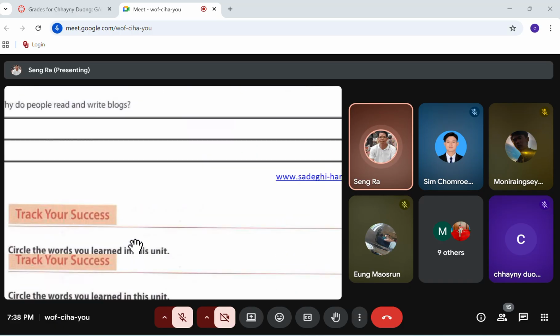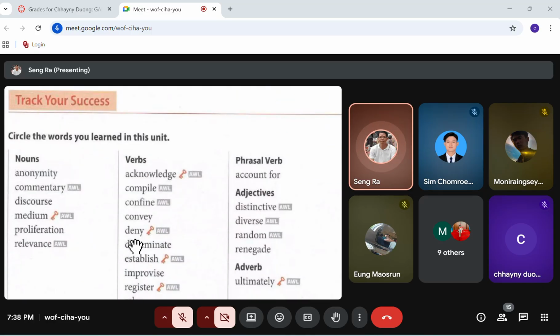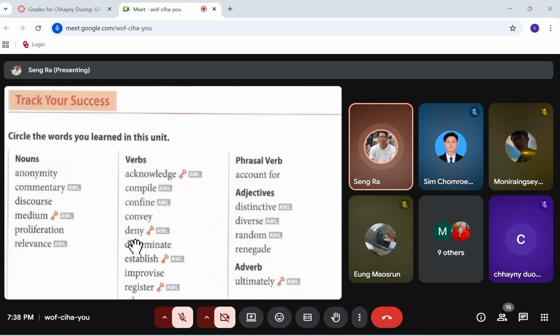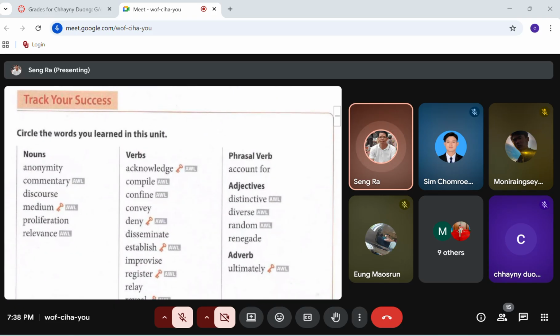I think that's all for the unit. You can see, check your success, everybody. Check the words you learned from this unit.